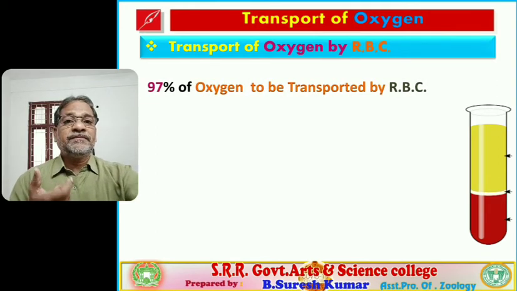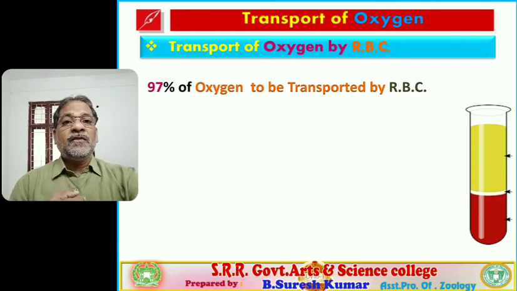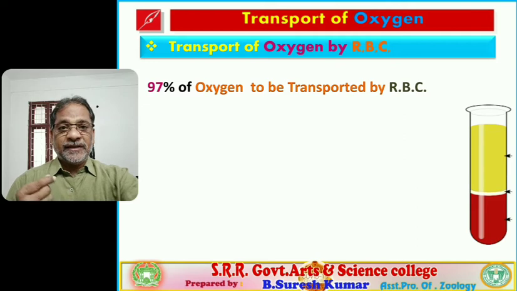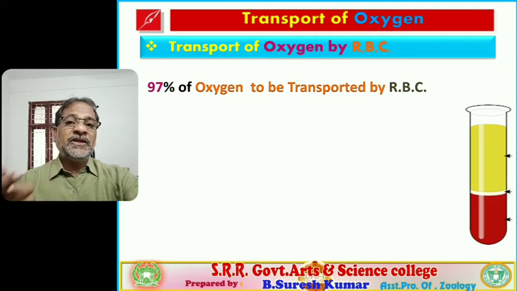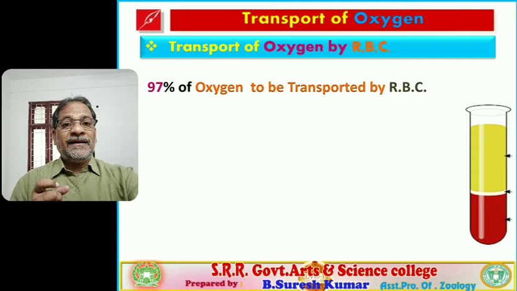Why? Because of the presence of the hemoglobin molecule. What is the hemoglobin molecule? A respiratory pigment. In the last session, we learned in detail about the structure of hemoglobin. So approximately 100 ml of our blood contains, in males, 15 grams of hemoglobin.